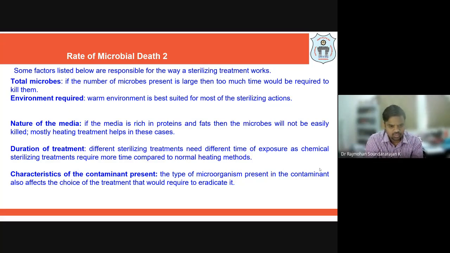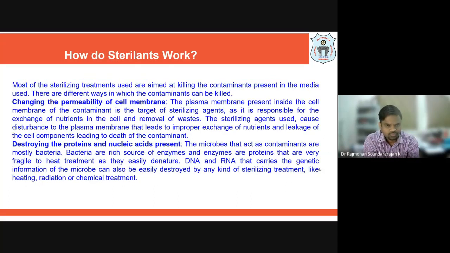So all of this has to be considered: total microbes present, environment required, nature of the media, duration of the treatment, and characteristics of the contaminant that is present. All this will be responsible for how effectively the sterilization technique is going to work. Now, how do these sterilants work?